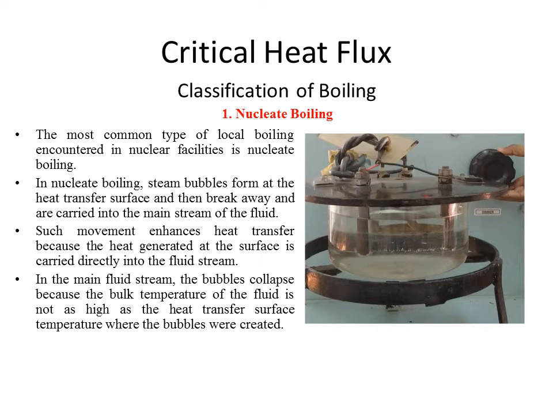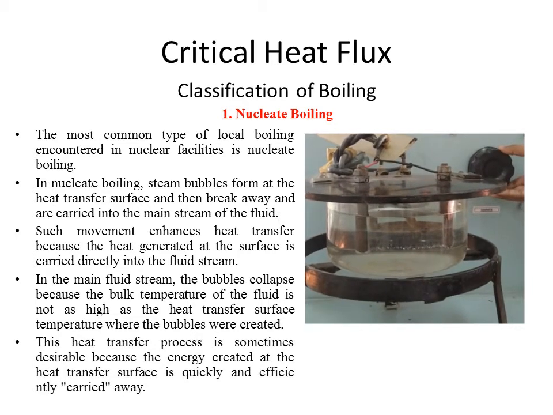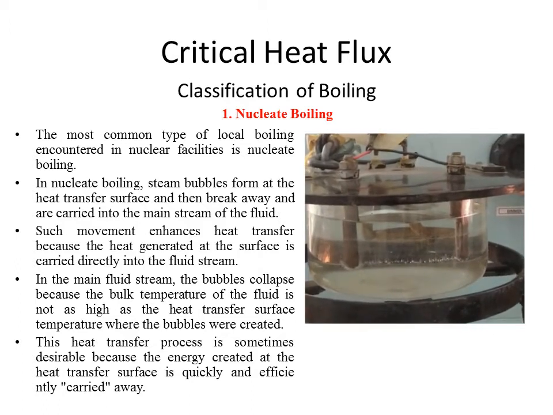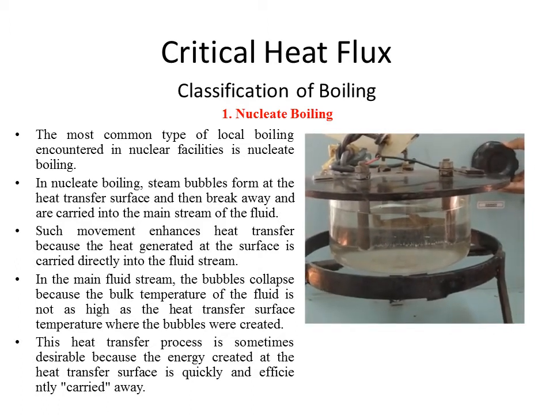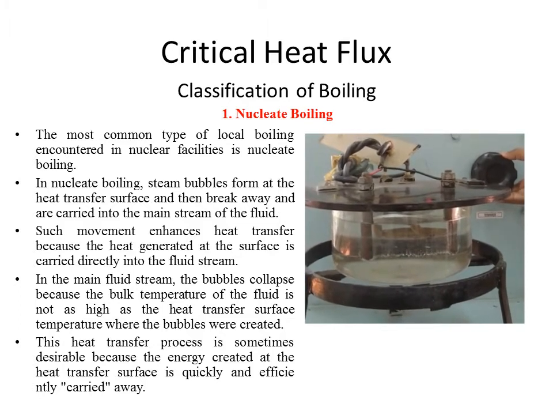In the main fluid stream, the bubbles collapse because the bulk temperature of the fluid is not as high as the heat transfer surface temperature where the bubbles were created. This heat transfer process is sometimes desirable because the energy created at the heat transfer surface is quickly and efficiently carried away.